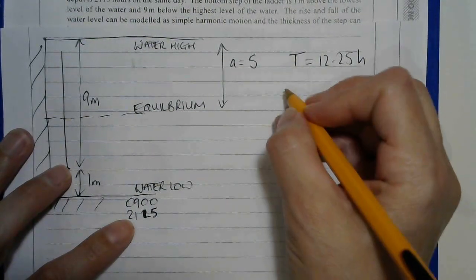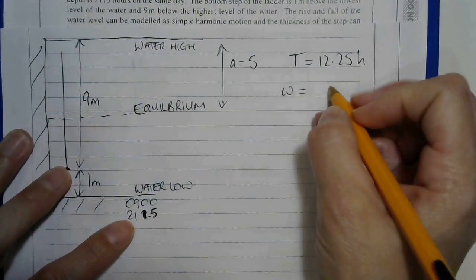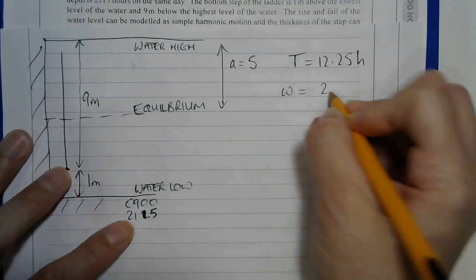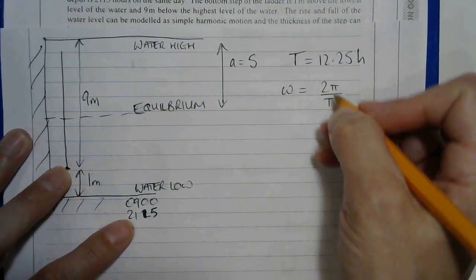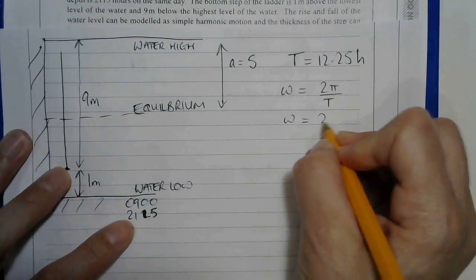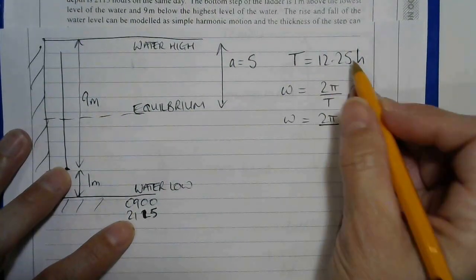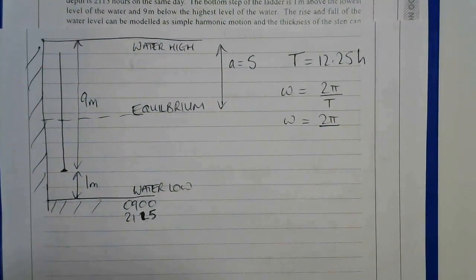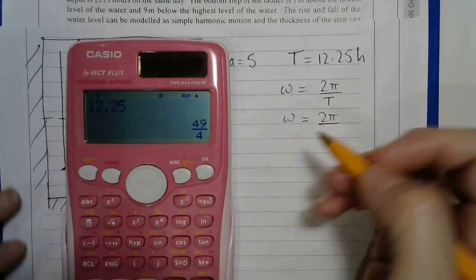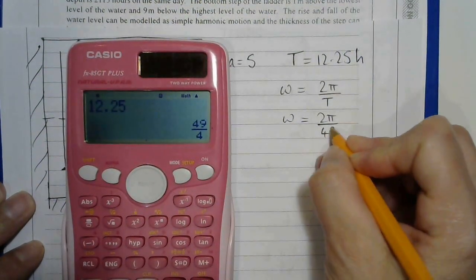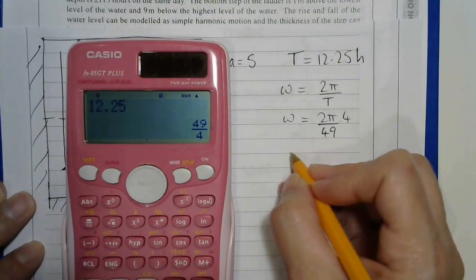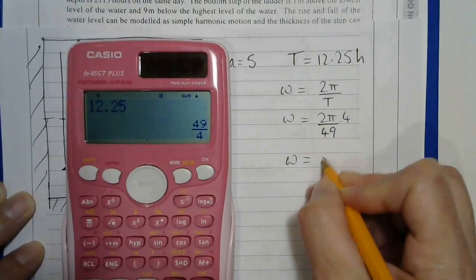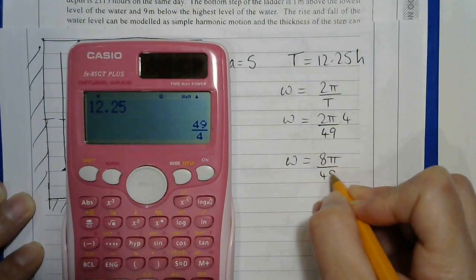So from this I can deduce that omega will be 2 pi over T. So here I get that omega is 2 pi over 12 and a quarter. Now 12 and a quarter is 49 quarters. So the 49 ends up on the bottom, the 4 ends up on the top. So I get that omega is 8 pi over 49.